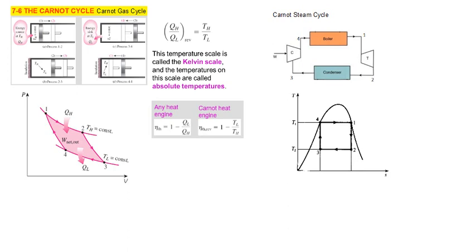It is the isothermal reversible expansion, which I substitute as 4 to 1. Then from 1 to 2 is the reversible adiabatic expansion, also known as isentropic expansion, in the turbine. Then from 2 to 3 in the condenser is the isothermal reversible compression. And lastly, 3 to 4 represents the isentropic compression, also known as the reversible adiabatic compression.